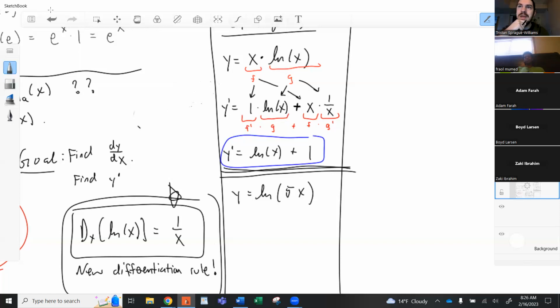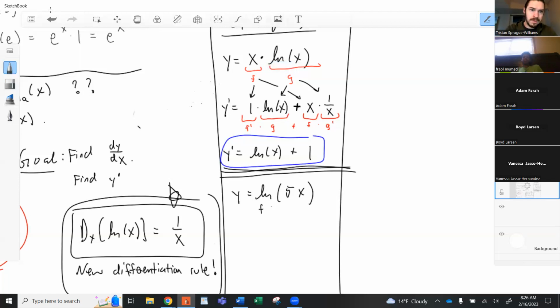Not really, because this is definitely more of a chain rule one, because the multiplication by 5 is inside the function, right? If it were outside, like 5 times the natural log of x, I could just use the constant multiple rule. But it's not that, right? It's not on the outside. It's on the inside. So yeah, that's a chain rule.